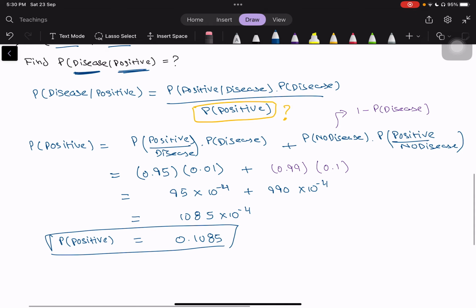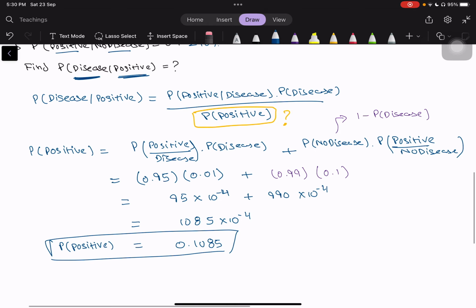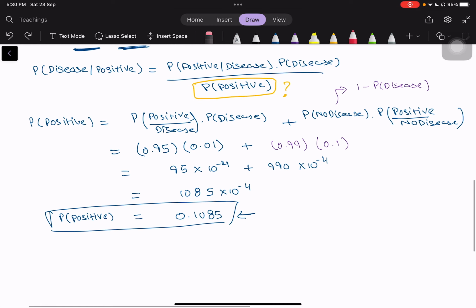Now, I have to substitute this in this equation right over there, right? So now let's find out the solution.